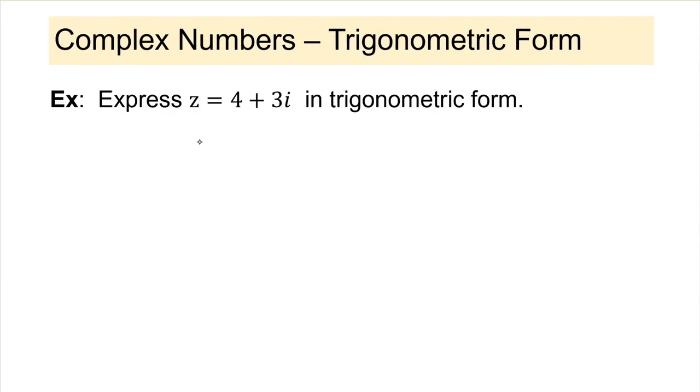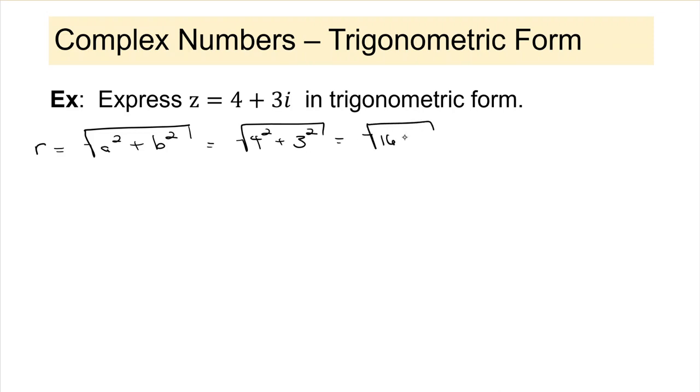So I want to express z equals 4 plus 3i in trig form. So I need an r and I need a theta. r is going to be the square root of a squared plus b squared. So the square root of 4 squared plus 3 squared, so square root of 16 plus 9, square root of 25 is 5.